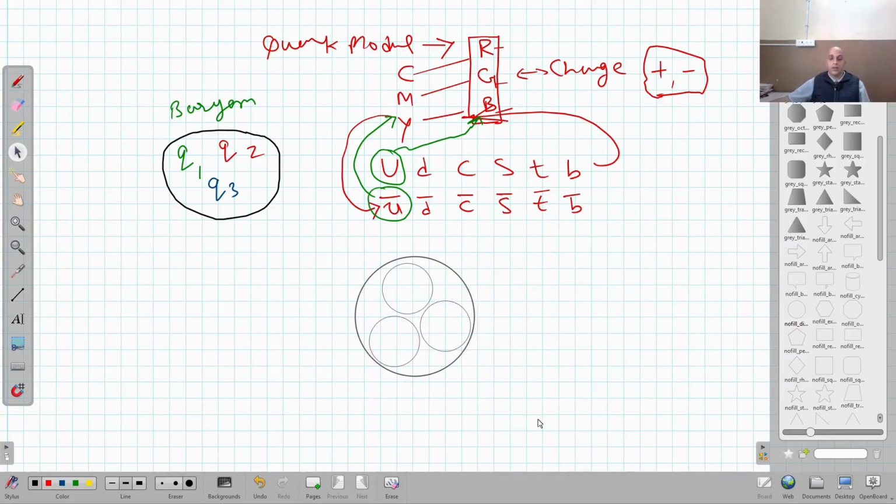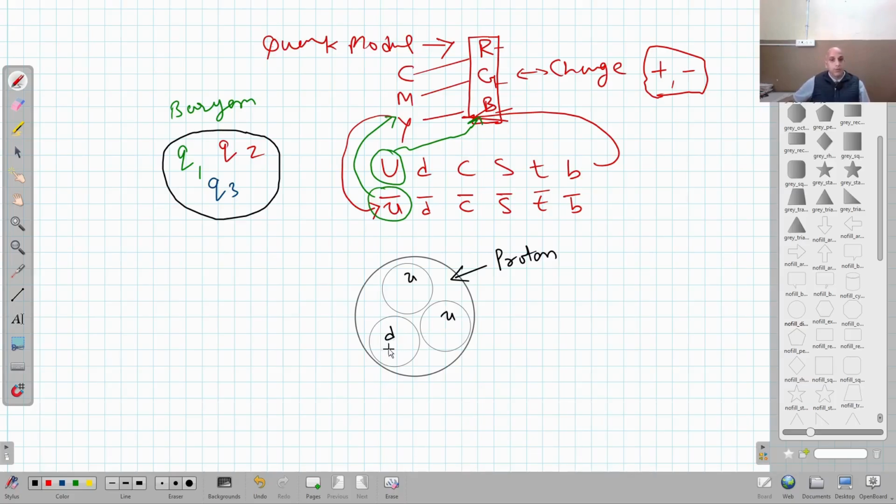Now I can give them names. This is the proton, and these are up, up and down, right?